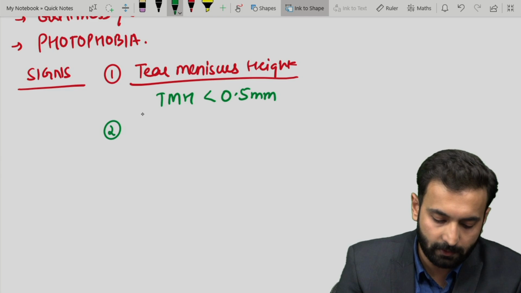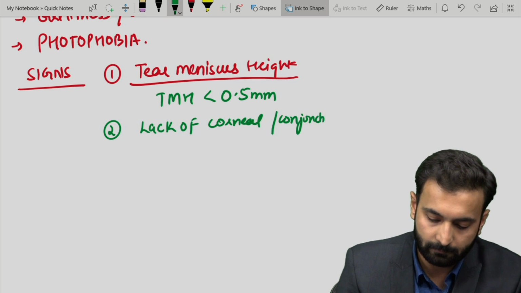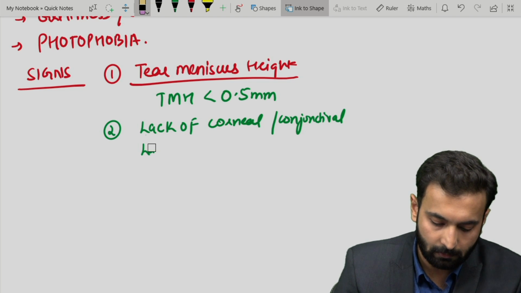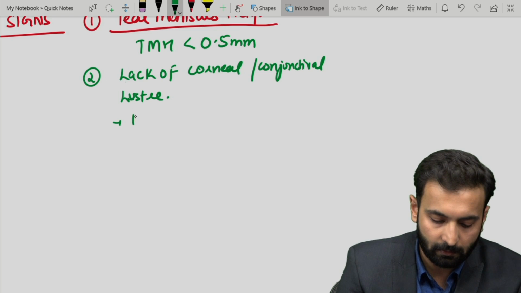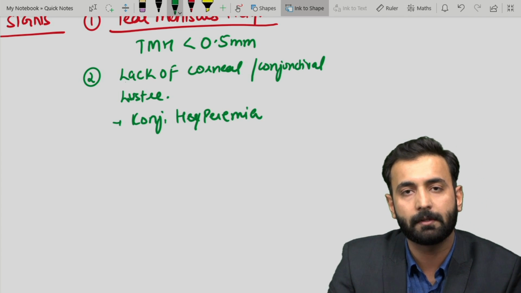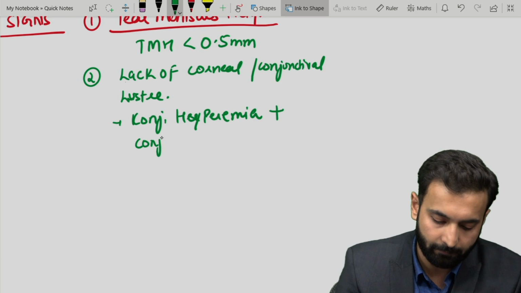What is the other sign you see? There is lack of corneal and conjunctival luster. Other signs are conjunctival hyperemia and conjunctival keratinization.